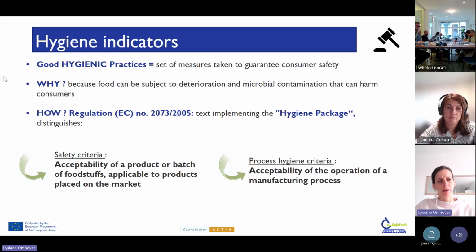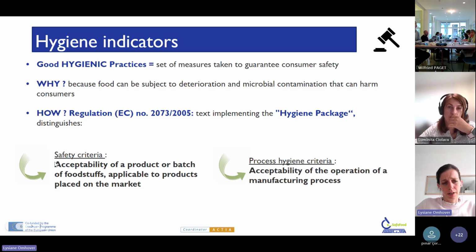So what are hygiene indicators? Hygiene practices are a set of measures taken to guarantee the safety for the consumer, because food is subject to deterioration and microbial contamination that can harm the consumer. In the European regulation, a text implementing the hygiene package distinguishes 2 criteria.